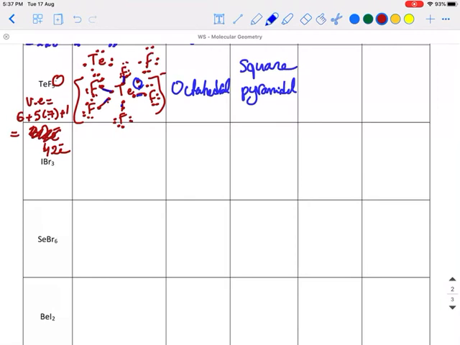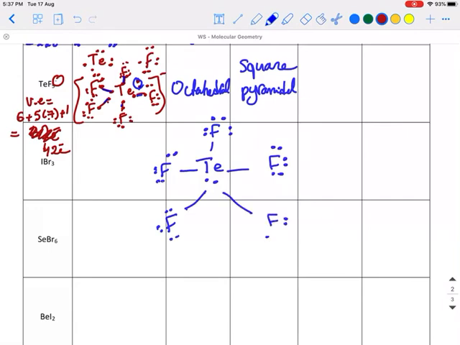It will be like this: tellurium, lone pair, fluorine, and fluorine. This is the shape of square pyramidal. Fluorine, fluorine, and fluorine. Let us check its polarity.